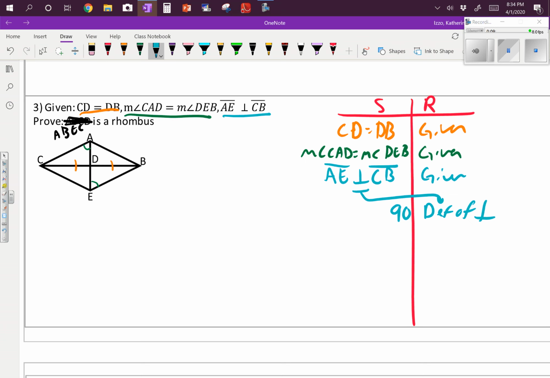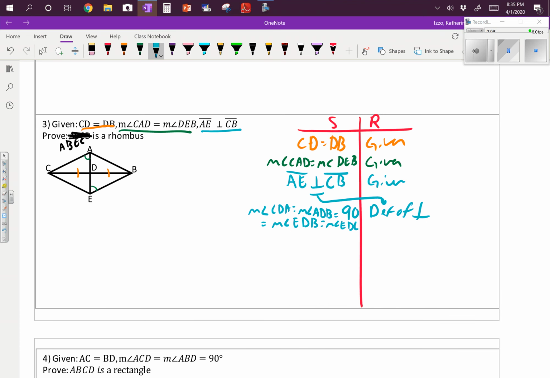So we are going to say measure angle CDA, measure angle ADB, measure angle EDB, and measure angle EDC. They are all equal to each other and they all equal 90. That is the definition of perpendicular. Okay. Let's get those right angles in there at D.